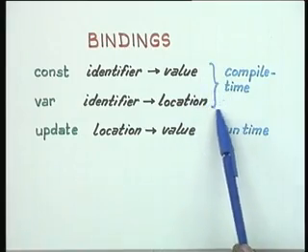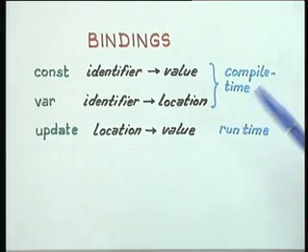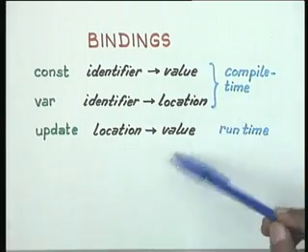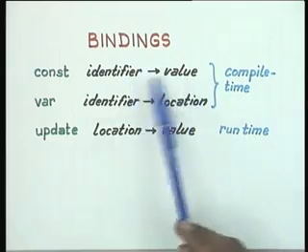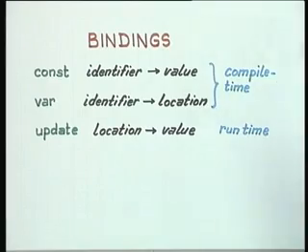You try to do the bindings as early as possible at compile time. In many other languages you actually do it at runtime. Even these identifier value and identifier location bindings are often done at runtime. This is typically with dynamic data structures. Even in Pascal you have various name location bindings occurring at runtime, right.